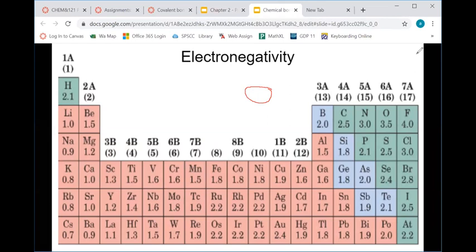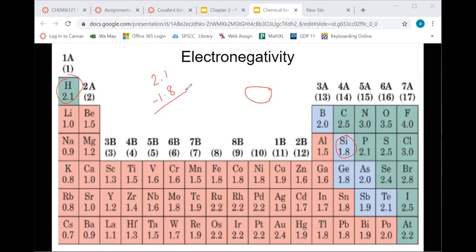Silicon is here, and hydrogen is over here. Ionic. What is the difference in electronegativity? 2.1 minus 1.8. Is it a non-polar covalent bond?